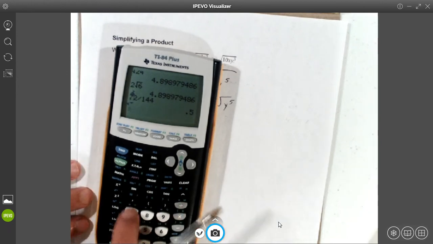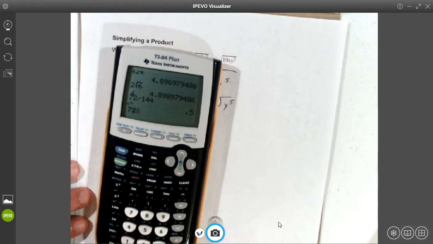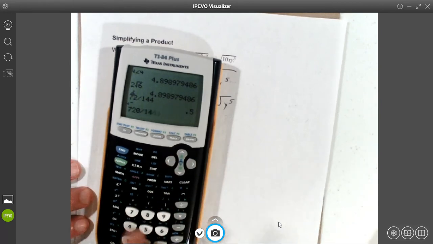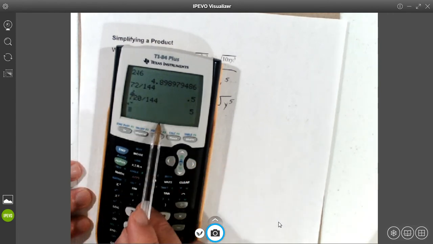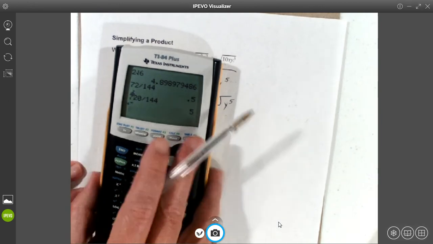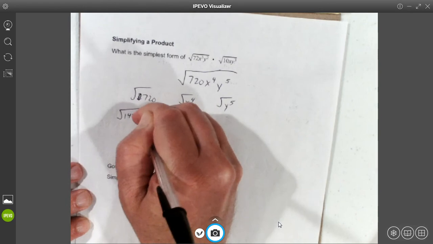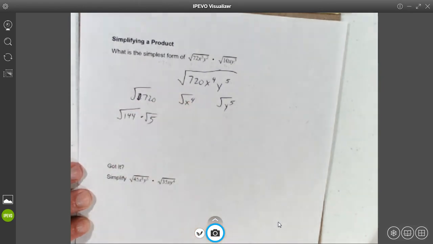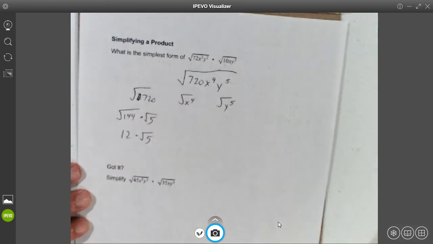Let me try 720 divided by 144. Oh man, that was a lucky guess on my part. All right, so 720 divided by 144 is 5. So I can write that as 144 times 5, or 12 times the square root of 5.